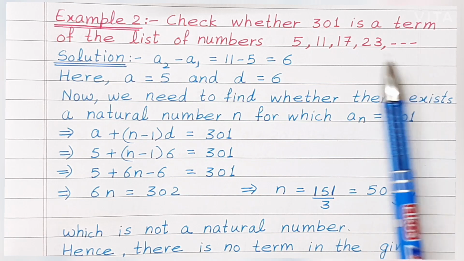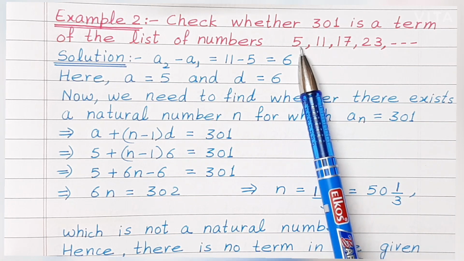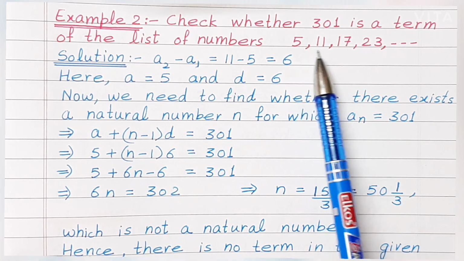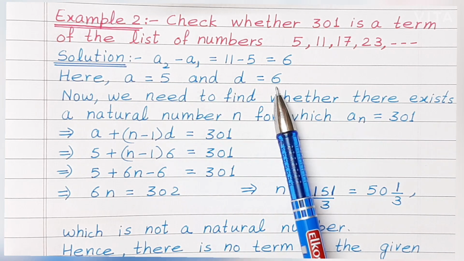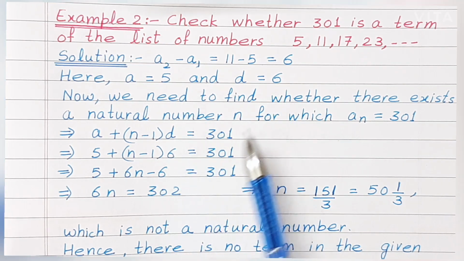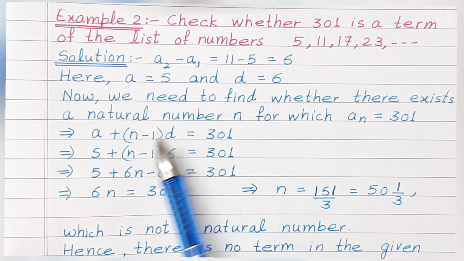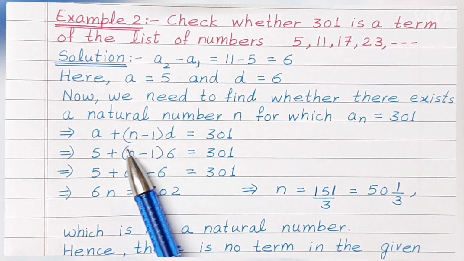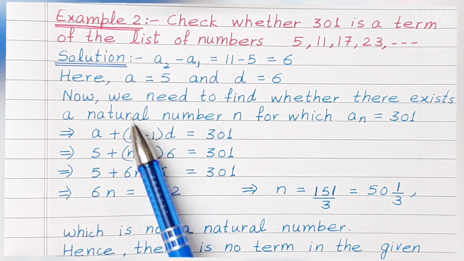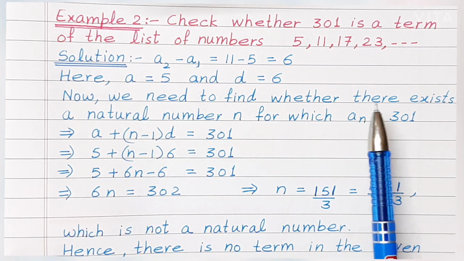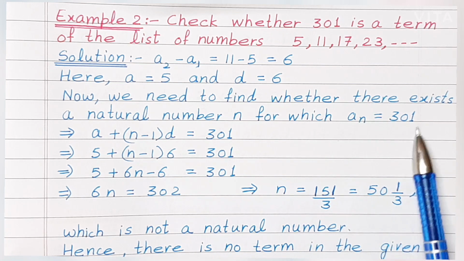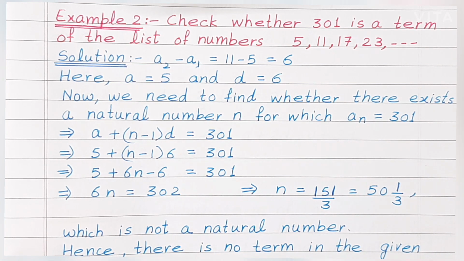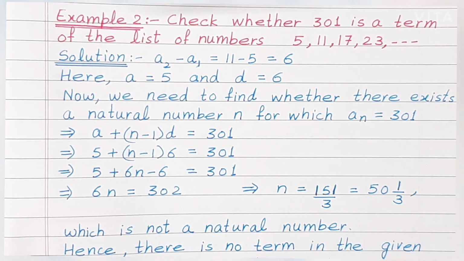Here 5 is the first term and common difference is 11 minus 5, that is 6. We know the nth term formula is a plus n minus 1 d. Now we need to find whether there exists a natural number n for which an is 301. So let us compare this with 301.